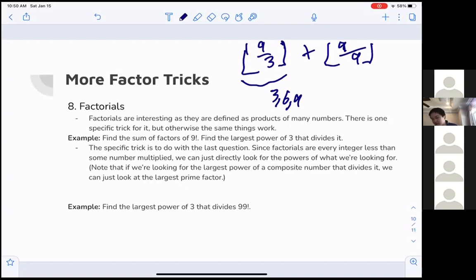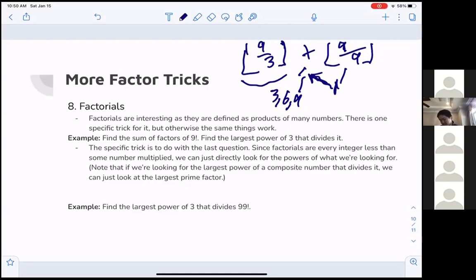This is important because it only counts 1 from 9 and not another one, which comes down to the 9 over 9 term. It finds the numbers divisible by 3 squared and accounts for 1 more power of 3. So this is where 9's second power of 3 is accounted for. If we had multiples of 27 or 81, it would be the same thing.